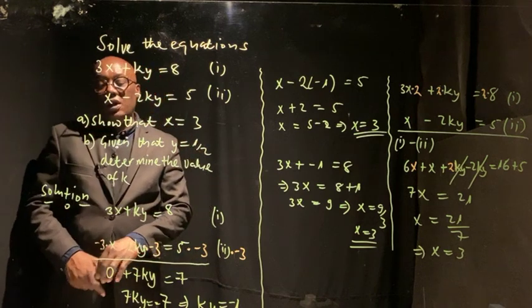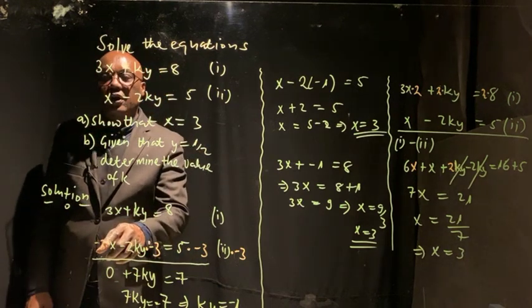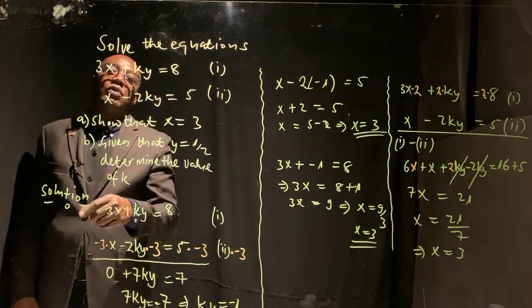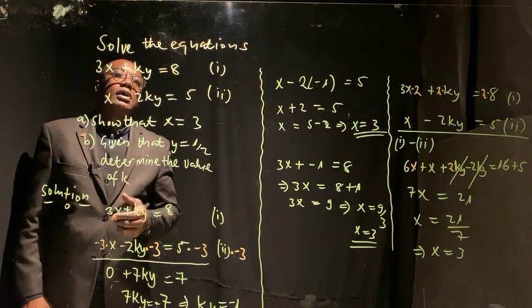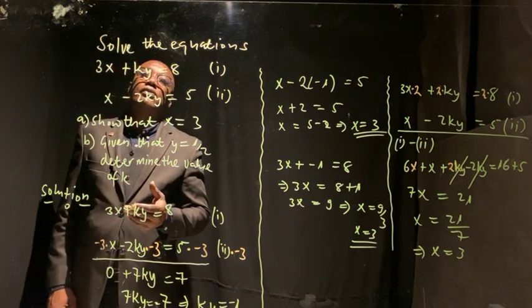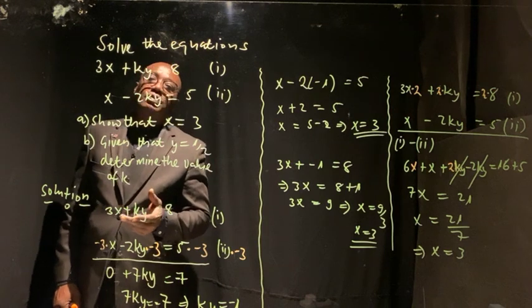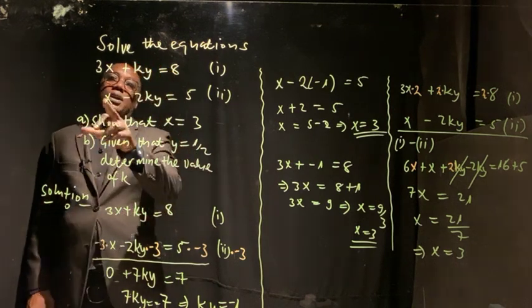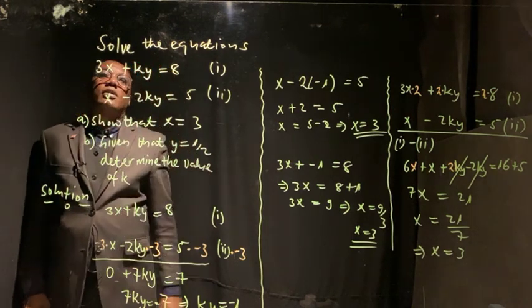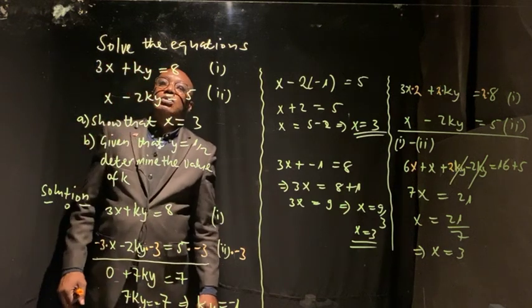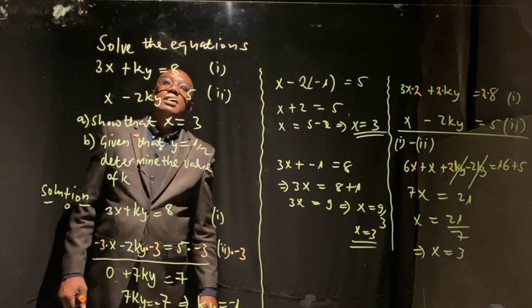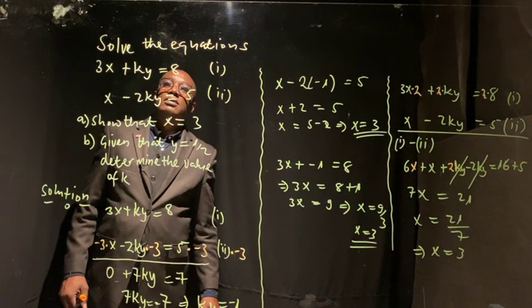In the previous one, we used minus 3 to eliminate x, and at this time we prefer to eliminate y in order to find x, which is also possible. So we pick up the first equation, 3x plus ky equal to 8, and we multiply it by positive 2.